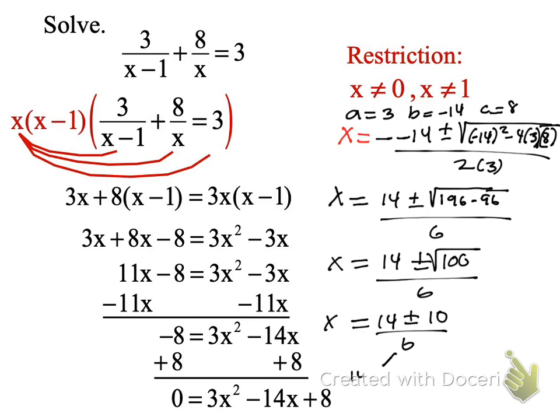So we're doing 14 plus 10 over 6. That's 24 over 6, which is 4. And this would be 14 minus 10 over 6, which equals 4 over 6, which is 2/3. So our solutions are 4 and 2/3. Does that work for both? Yes. Okay, questions?